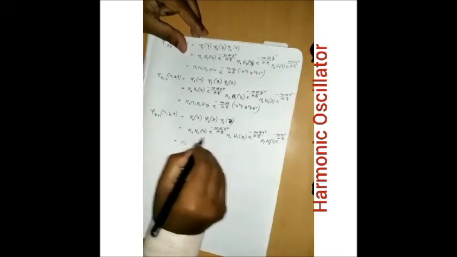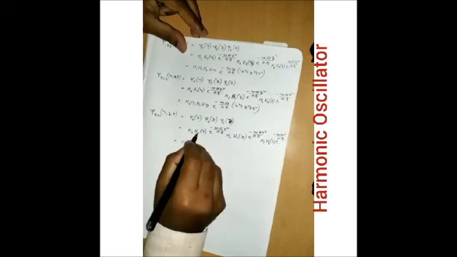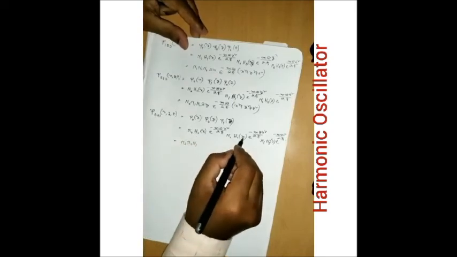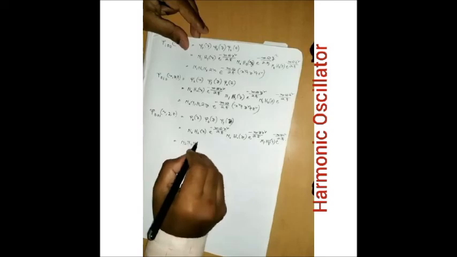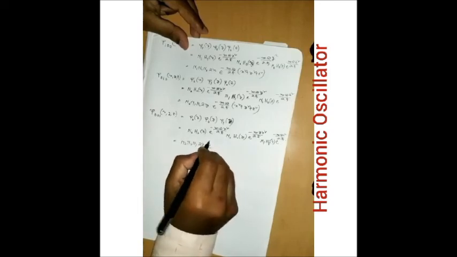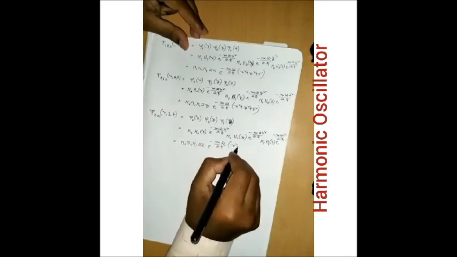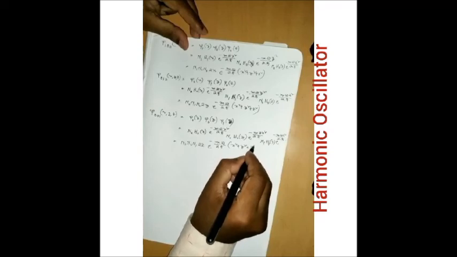So N naught, N naught and this N1, clear. H naught x is 1, H naught y is 1, H1 z is 2z, clear. And the rest are the things that remain: e to the power minus m omega upon 2 h cut times x square plus y square plus z square.